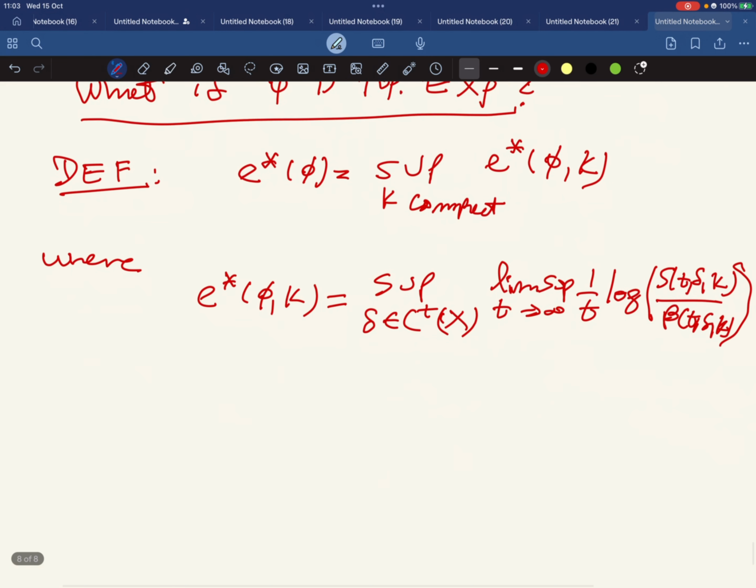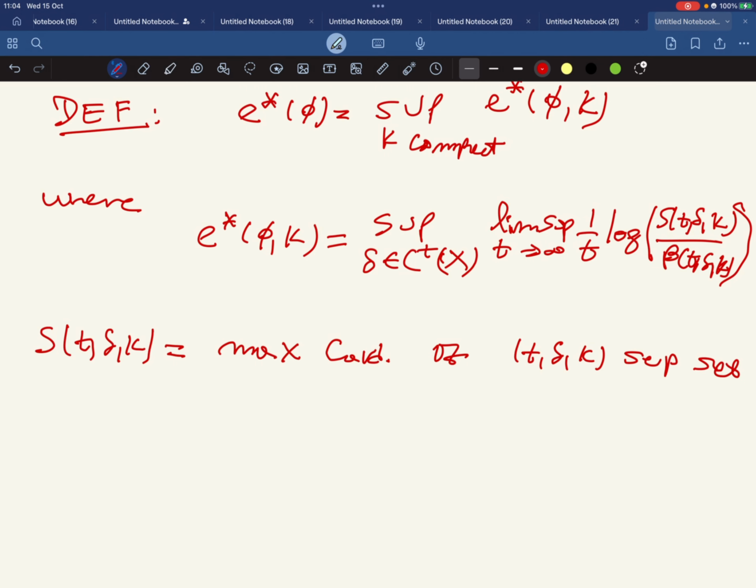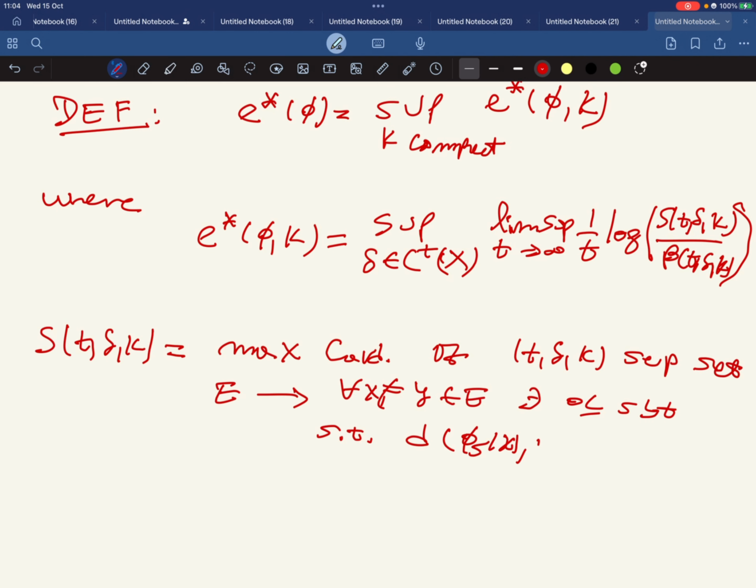Let me define those numbers. Here, S(T, delta, K) is the maximal cardinality of a (T, delta, K)-separated set A, which means this: for all different x and y in A, there is a time S such that the distance between phi S of x and phi S of y is bigger than or equal to delta of phi S of x.